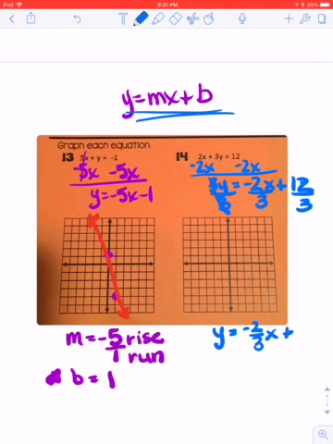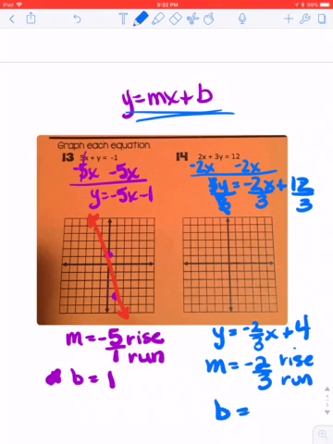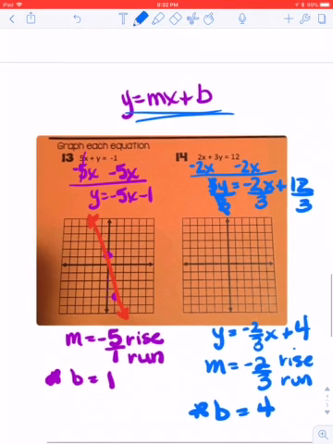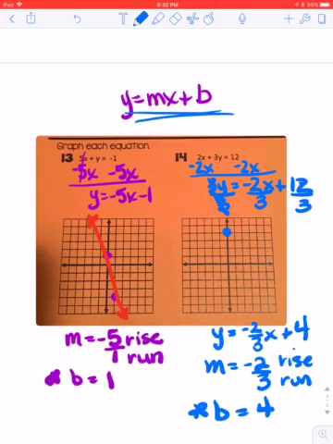And then 12 divided by 3 is going to be 4. So that means that my m value is negative 2 over 3. It's my rise and run. And my b value is 4. So I start with this. So positive 4 on my y-axis.